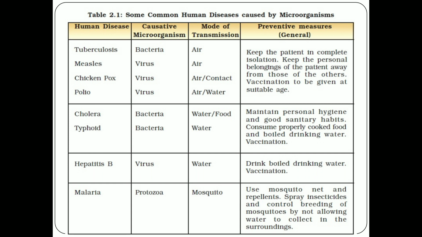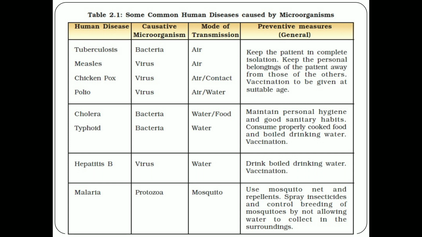Now let us have one viral disease, chickenpox. Causative agent is virus. It spreads by air and contact, and preventive measure is similar to the first one. Coming to cholera, this is bacterial. It is spread via food or water. We can maintain personal hygiene and good sanitary habits, consume properly cooked food and bottled drinking water. Vaccination.